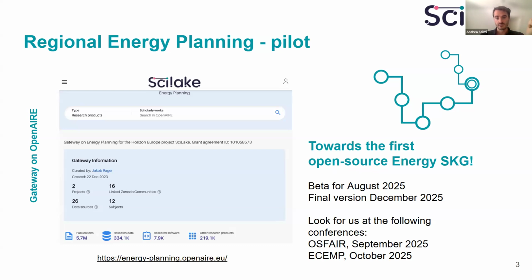In relation to the project of Scilake, we'll have a beta probably for August or a bit later in 2025, and we'll end the project at the end of 2025, early 26. We're also going to participate in a couple of conferences that you may know, the OSPER conference in September at CERN, Switzerland, close to Geneva. And the other is the ECMP of the European Union in October 2025.